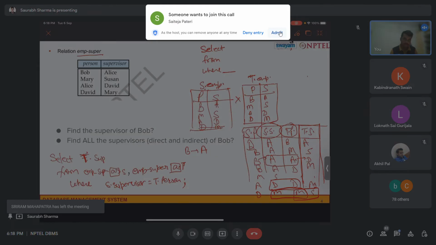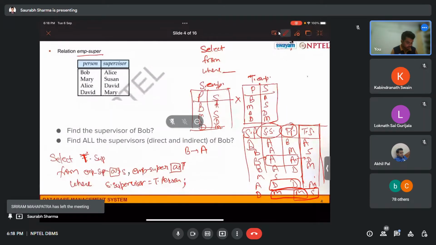We will go from Bob to Alice. Then we will search where S dot supervisor is Alice and T dot person is Alice. From there we will get Alice as a person. We will go to its supervisor. What will be his supervisor? We will get D.